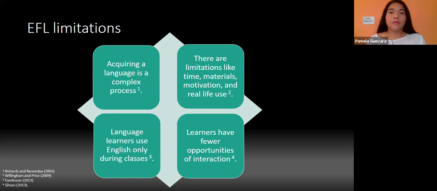The problem with time limitations is that students only use the language during the lesson or inside the classroom. For this reason, it is understandable that learners will have fewer opportunities of interaction.